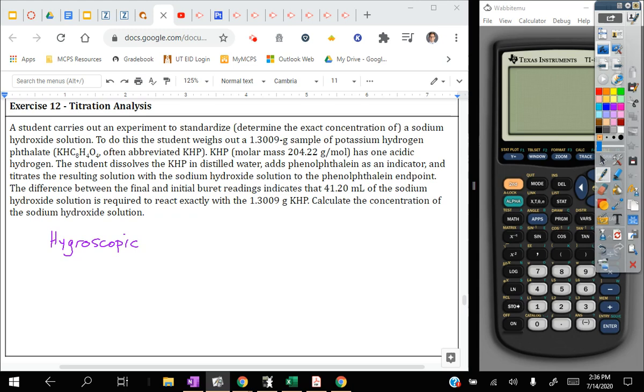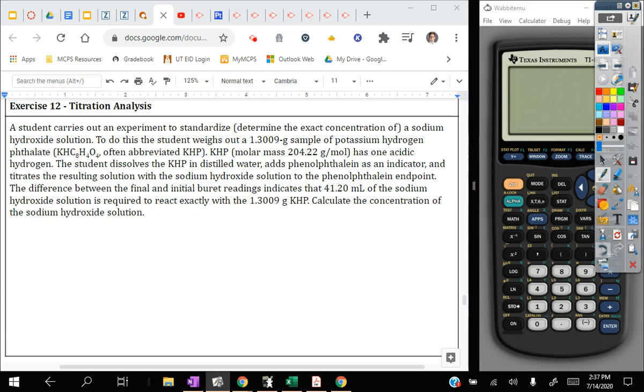By having a really accurate amount of KHP and neutralizing it with your sodium hydroxide, we can determine very accurately what concentration of sodium hydroxide we have. As a result of some amount of water being added to our sodium hydroxide pellets through the air, our molarity of sodium hydroxide will be to some degree lower than what we predict it to be. So that is the purpose for doing this experiment. It allows us to figure out an exact concentration of a hygroscopic solution.